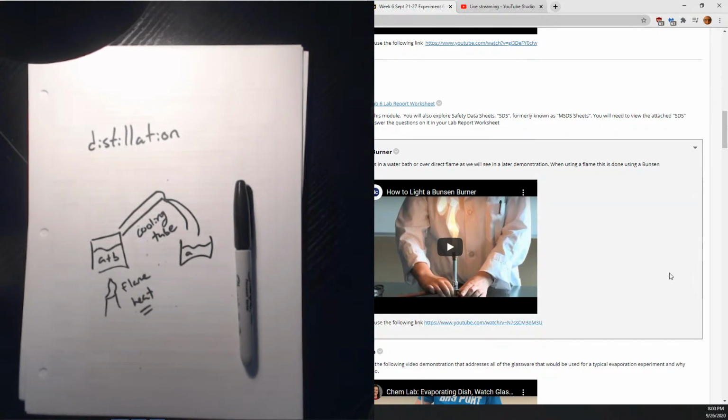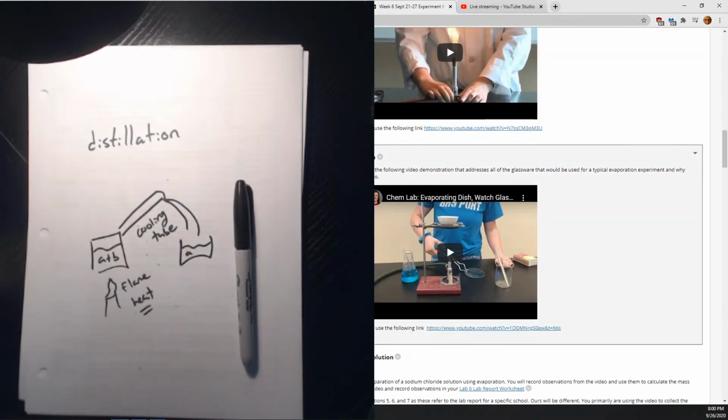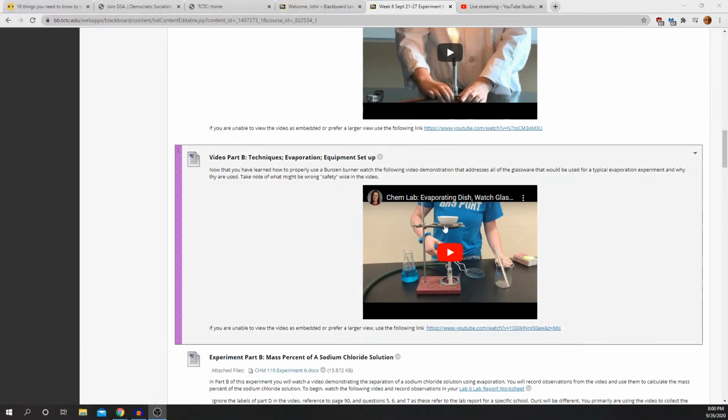So with the Bunsen burner, you would heat up the liquid, drive it off, and collect the salt that remains behind. The way that would work in lab is you would heat up your mixture, drive off all the liquid, let it cool down, and then weigh it. You don't want to put the really hot evaporation dish directly on the scale. You let it cool down a bit, you weigh it. You heat it again, you weigh it. You heat it again, you weigh it.